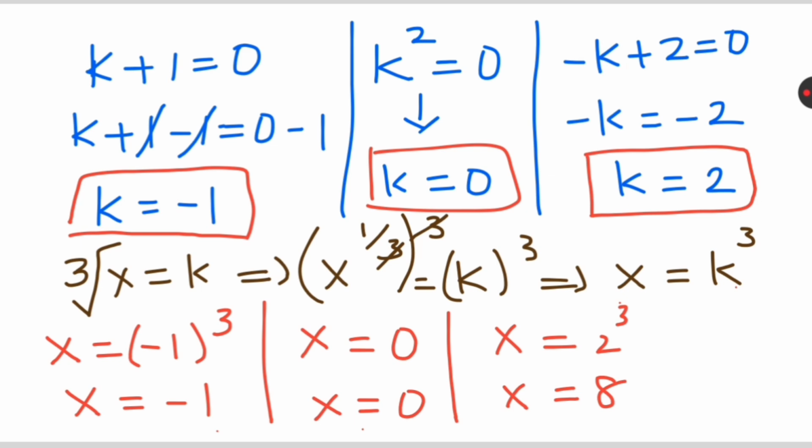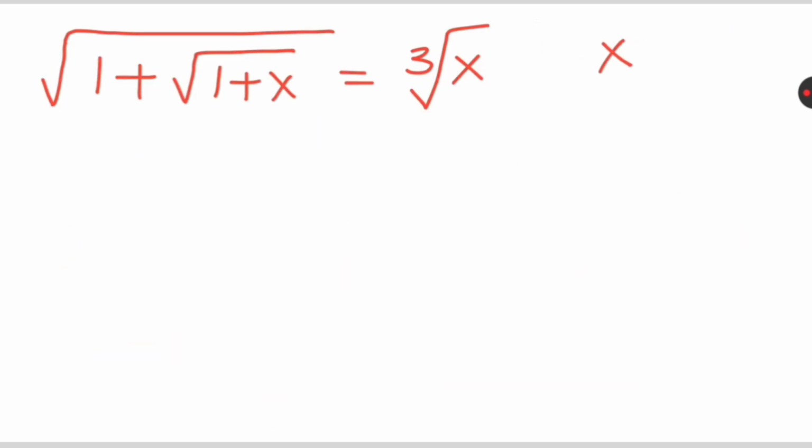So these are the x values, but we need to check whether each x value satisfies our given equation or not. Let's check it. First we will take x as minus 1. If you substitute minus 1 here, 1 minus 1 gives 0, so this term turns into square root of 0, also 0. On the left hand side we have square root of 1.